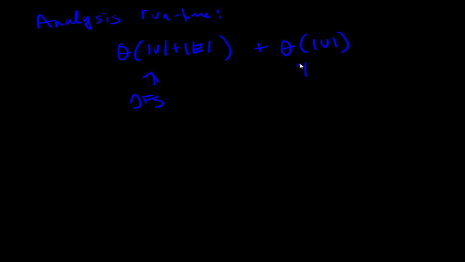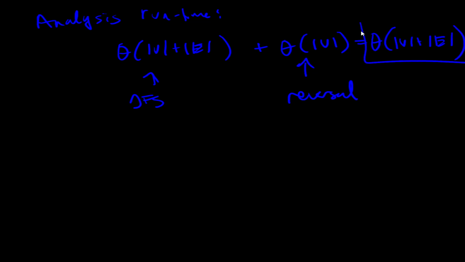So if we analyze the runtime, it should be clear. It's actually the same thing as DFS. Remember, we looked at this for DFS, plus a theta of V for reversal, and that's obviously dominated by the DFS.